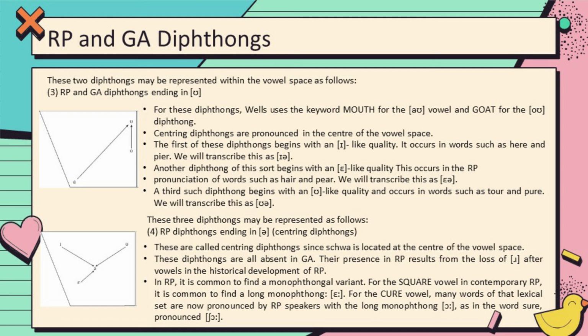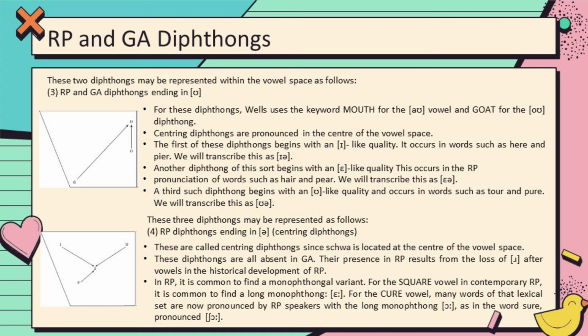4. RP diphthongs ending in schwa, centering diphthongs. These are called centering diphthongs since schwa is located in the center of the vowel space. These diphthongs are all absent in GA. Their representation in RP results from the loss of r after vowels in the historical development of RP.